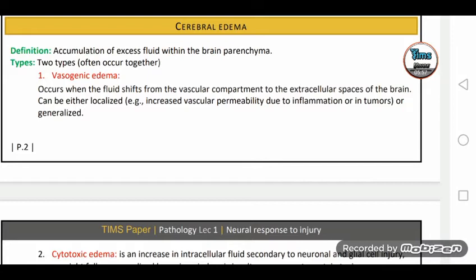If we have an inflammation or a tumor in a certain area of the brain, physiogenic edema is going to be a consequence of that injury or tumor, okay? And this is when it's localized. Or it can be generalized in the whole brain or sometimes in the whole body. So this was the physiogenic edema.